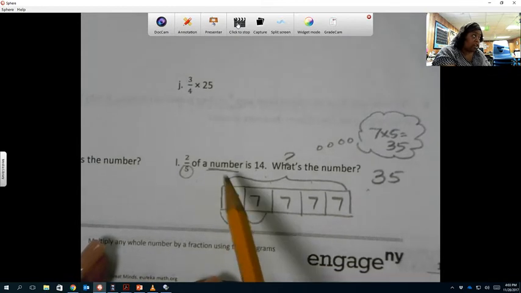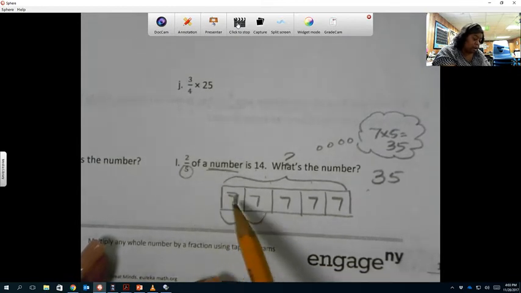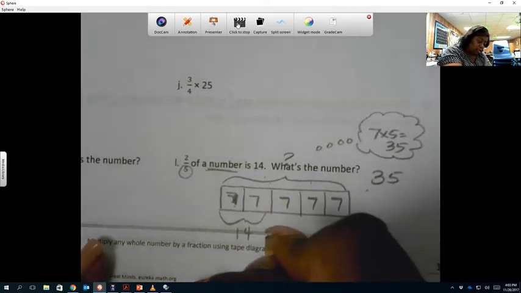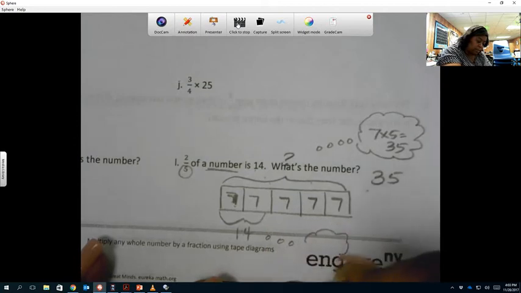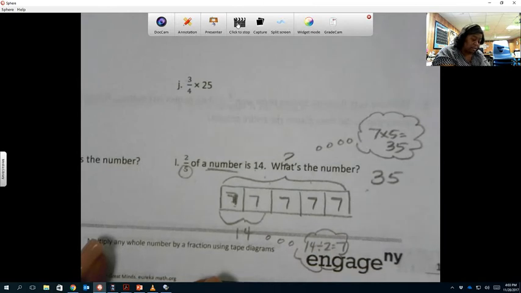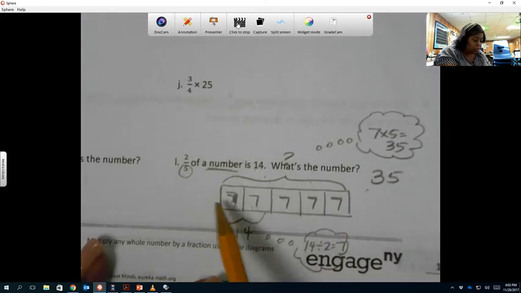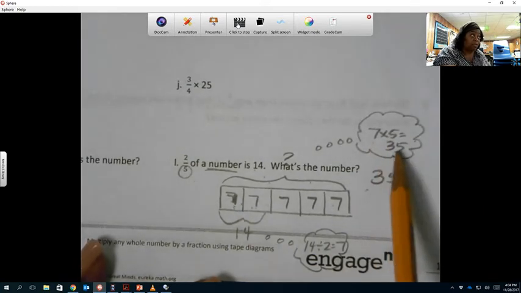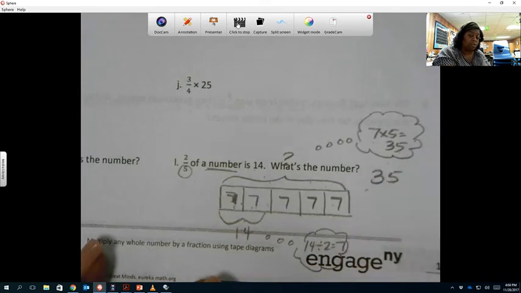I started off with 2/5 of some number equals 14. So I know that these two have to equal 14. So I thought, 14 divided by 2 equals 7. Each one of these is 7. Each one is equal, so I fill in 7s across the board. 7 times 5 equals 35, so my number equals 35. Okay?